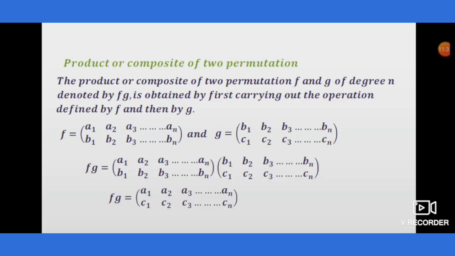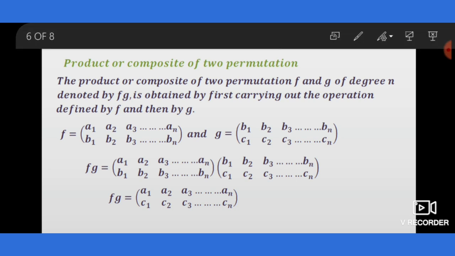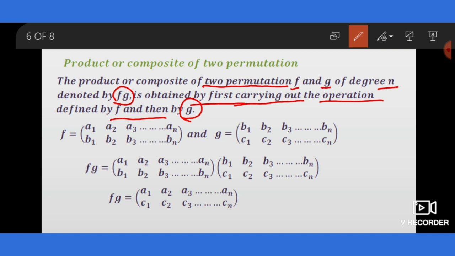Product or composite of two permutations. The product or composite of two permutations f and g of degree n, denoted by fg, is obtained by first carrying out the operation defined by f and then by g. Let f and g be two permutations.